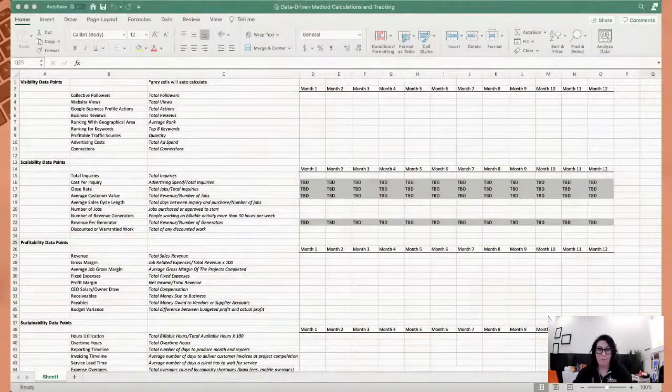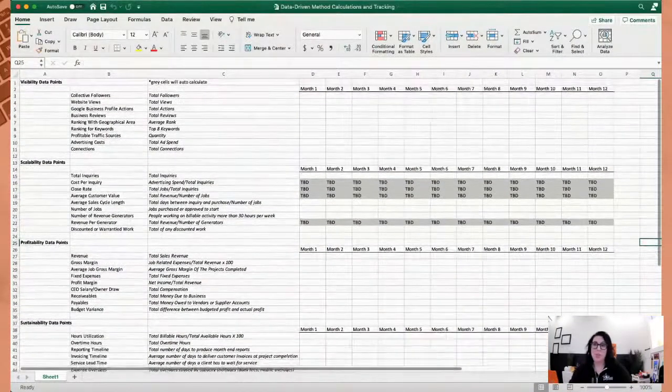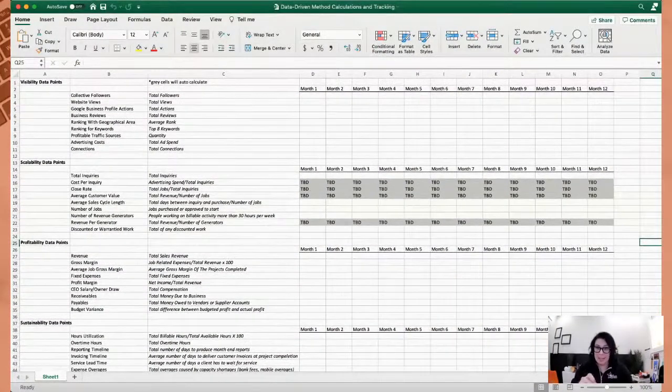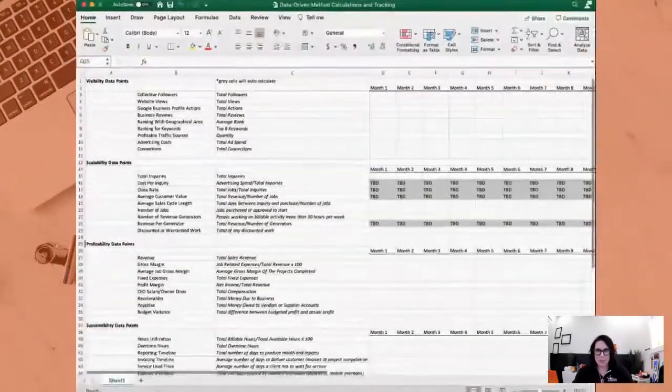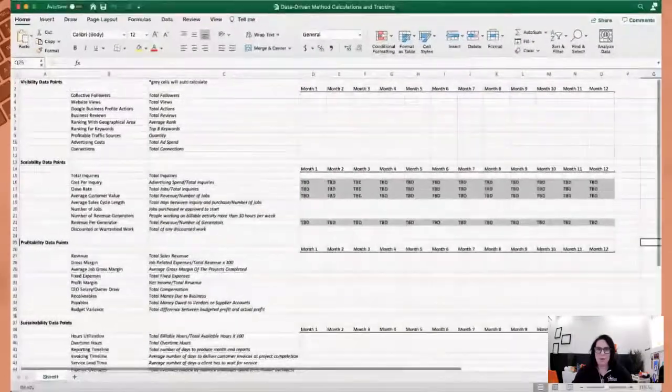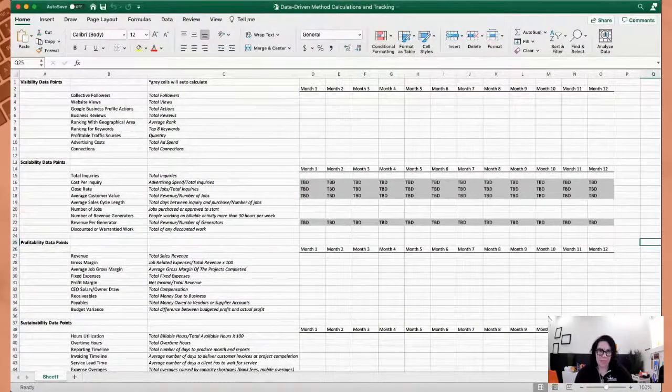I think we are all set up here to share screen. All right. Okay, so this is the inside of the templates. They do, like I said, come in a Google Sheets version as well if you're not an Excel user. As soon as we start talking about Excel, people think, oh, this is why I don't calculate metrics.